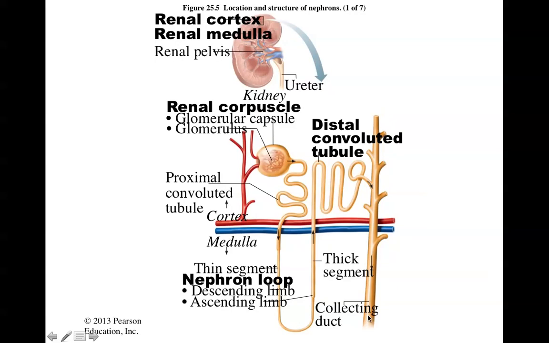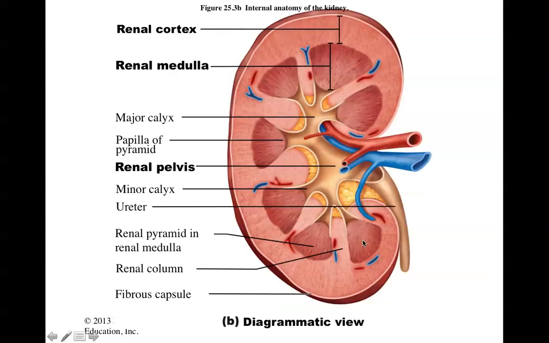A collecting duct is going to receive filtrate that has already been run through all these renal tubules, and it's going to receive the filtrate from several different nephrons at the same time. And then the collecting duct is going to run straight through the medulla, through the medullary pyramid, and eventually deliver the urine.